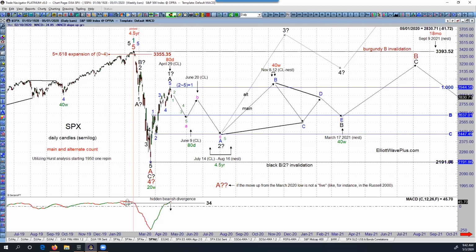Notice I could see this very same hidden bearish divergence where, despite this move to the upside being way short of the February high, the MACD line actually made a new high. I was shocked when I saw this. I thought, man, that's a hidden divergence, and it's bearish.